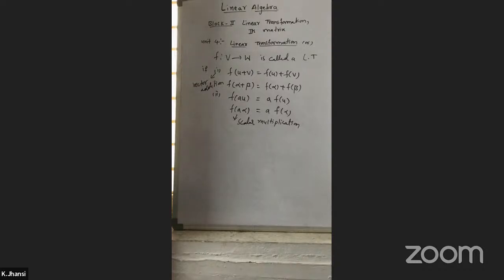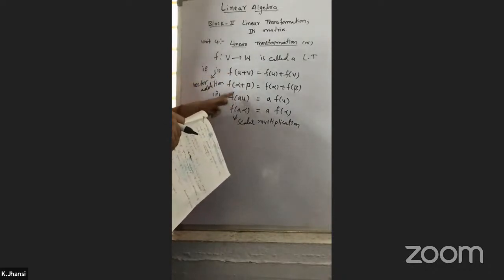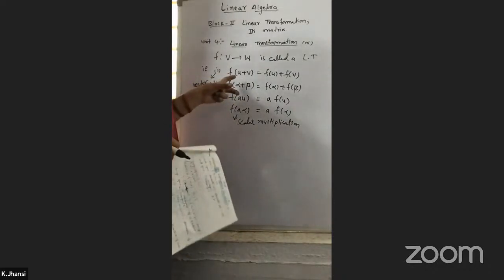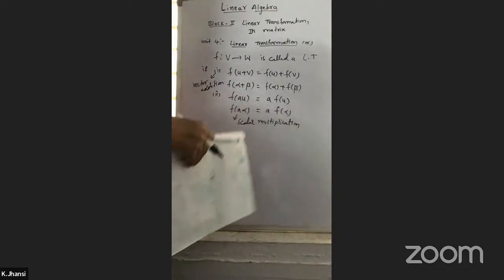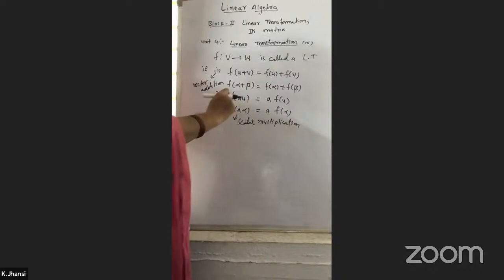so this is the one definition of the linear transformation. If these two conditions are satisfied, then any given transformation is a linear transformation. Okay, and second one is just combining these two. So combining 1 and 2, you will get the formula.